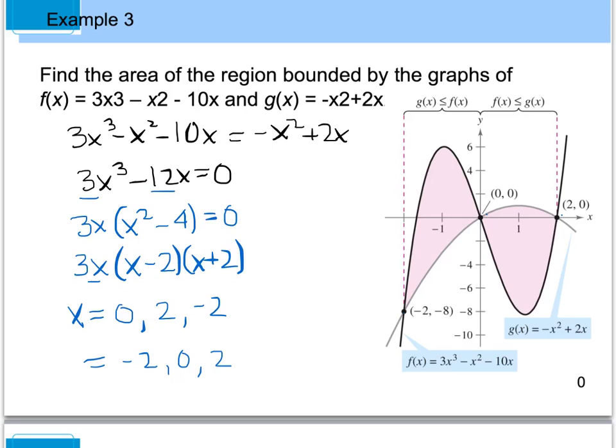I need to look at my intervals and see which function is greater than the other. In the interval from negative 2 to 0, I see that f of x is still greater than g of x. However, when I come over to the second interval from 0 to positive 2, I see that g of x is greater. So I need to take the greater function and subtract the one that is lesser from that.